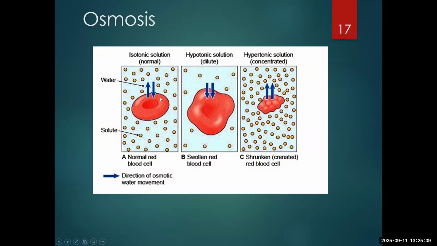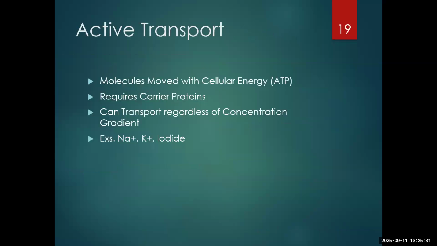So osmosis helps you to maintain fluid balance. It helps you to maintain the balance of water on different sides of a compartment, including the cell. So if you don't, you have problems. So good, that was a good summary, thank you.